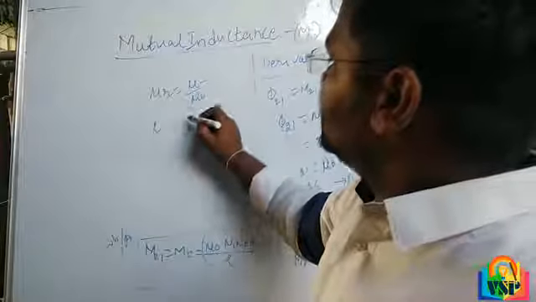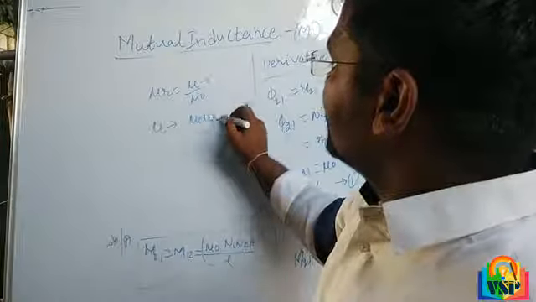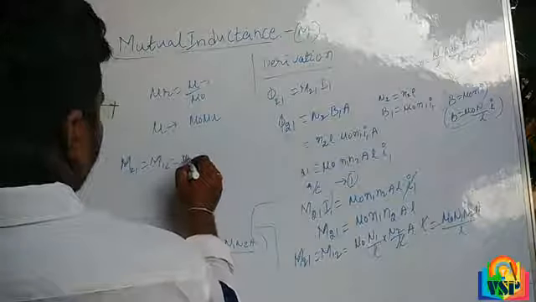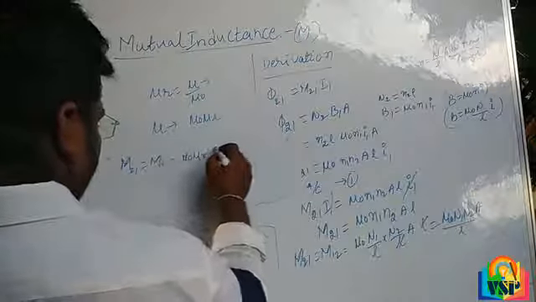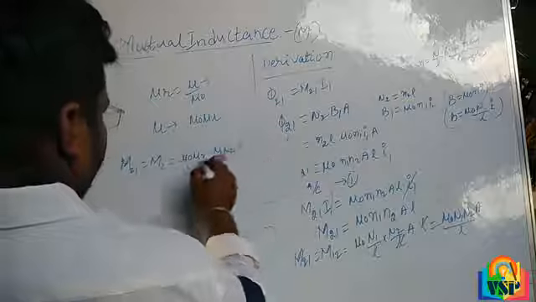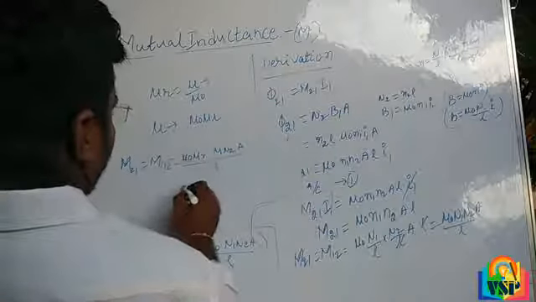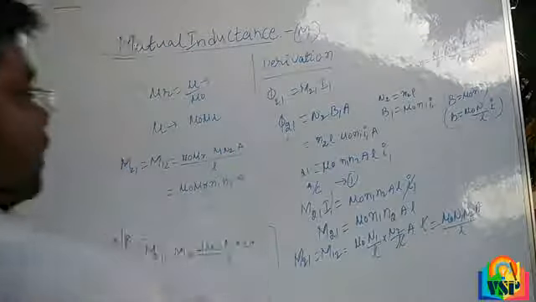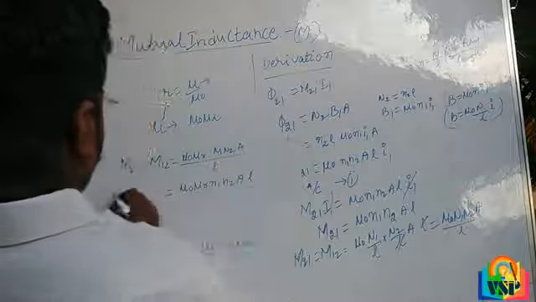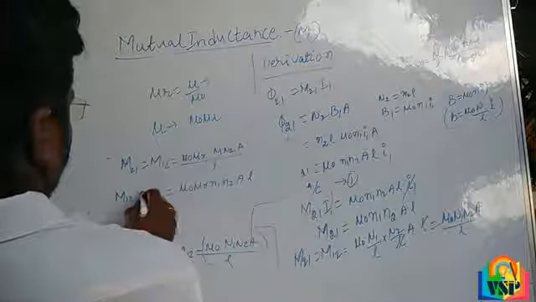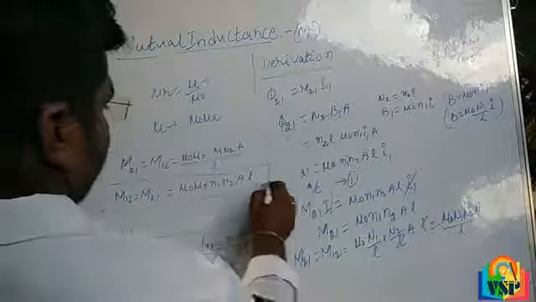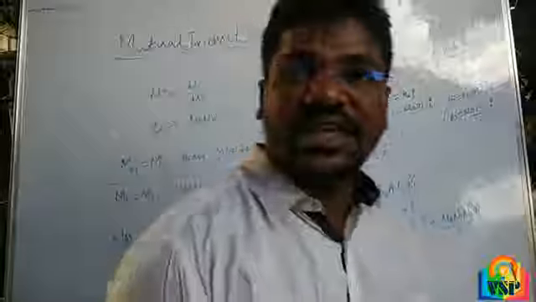If we take mu as mu naught mu r, it will come. M21 or M12 is equal to mu r mu naught N1 N2 A divided by L, or mu naught mu r N1 N2 A by L. Understand? These are the two expressions. Okay, understand, my dear children?